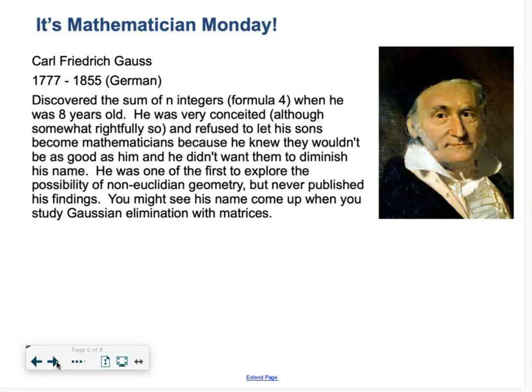So conceited that he refused to let any of his children become mathematicians because he knew they wouldn't be as good as him, and he didn't want his name brought down by their substandard work. Anyway, he was one of the first to explore the possibility of non-Euclidean geometry, which I love. Someday when you go to college and become a math major, you will study non-Euclidean geometry, which is when lines can bend. It's really fun, very interesting. All right.